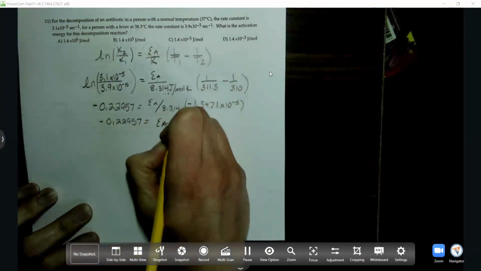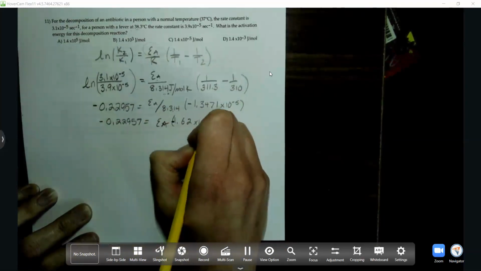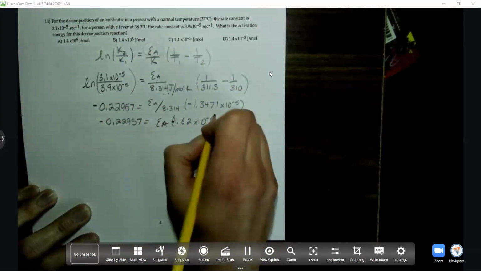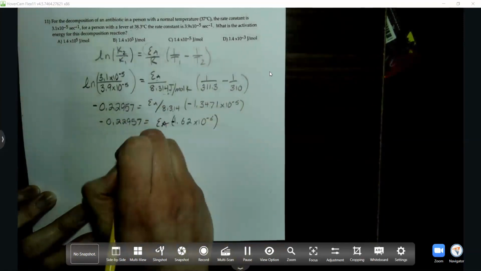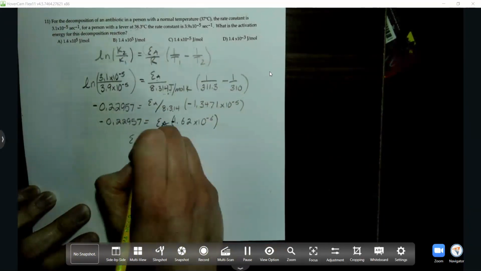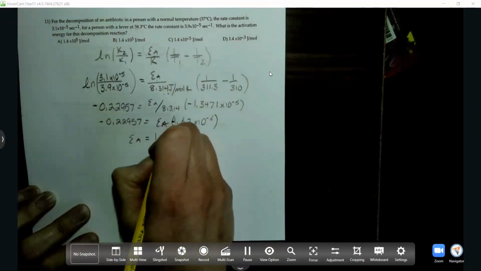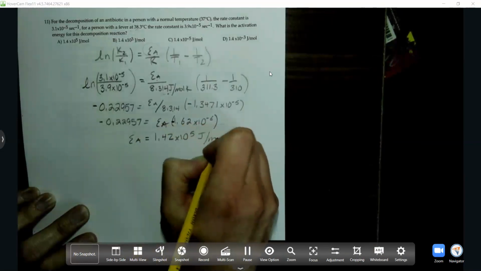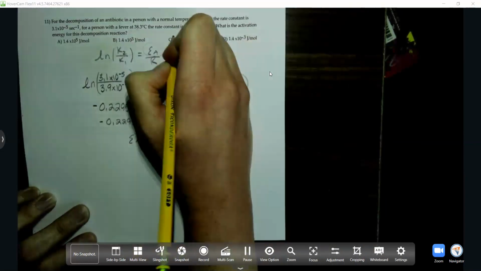Ea times negative 1.62 times 10 to the negative 6. Don't lose your signs. And then finally, we're going to get Ea is equal to 1.42 times 10 to the 5th joules per mole. So our answer there is C.